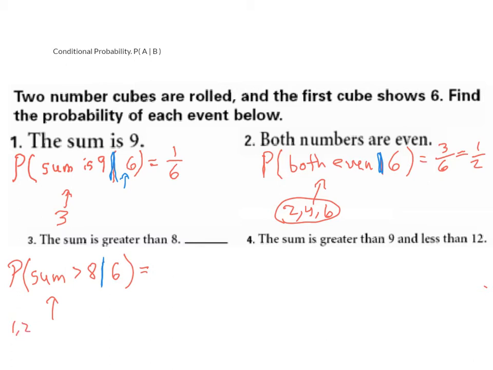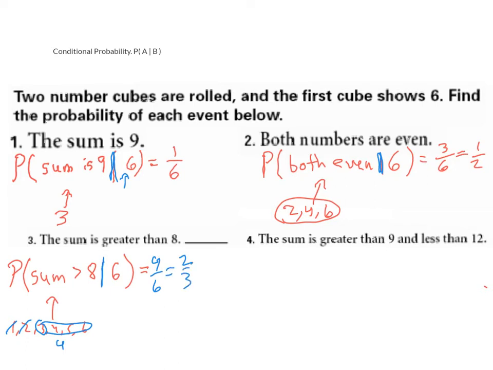So the faces are 1, 2, 3, 4, 5, and 6. We know that 6 plus 1 is 7, so that doesn't work. 6 plus 2 is 8. That is 8, but it's not greater than 8. 6 plus 3 is 9, so this one works, and then all of the rest will also work. So that means we have 4 options. This is 4/6, which is 2/3.